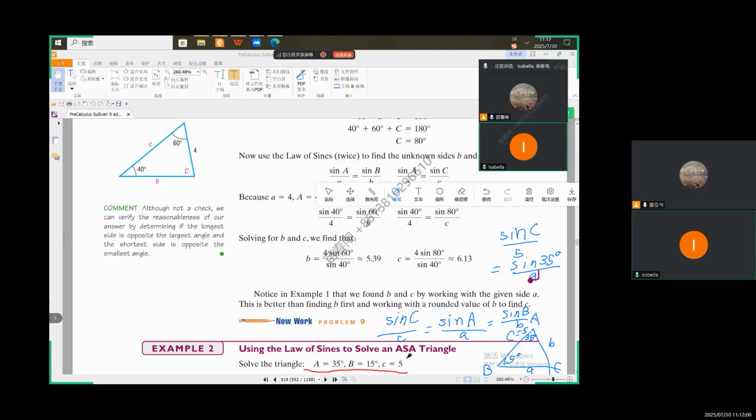Okay, so 5 sine C equals 35 degrees over A. Okay, A sine C. Angle C we can calculate, right? Oh yeah, okay, just give me a second to work it all out.